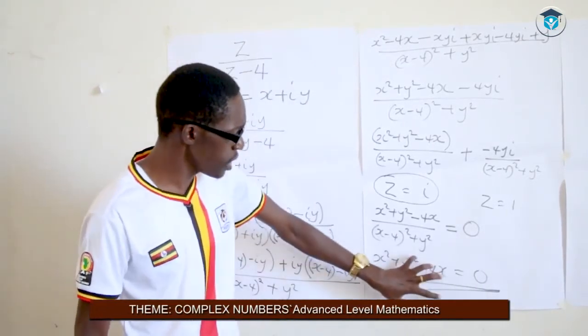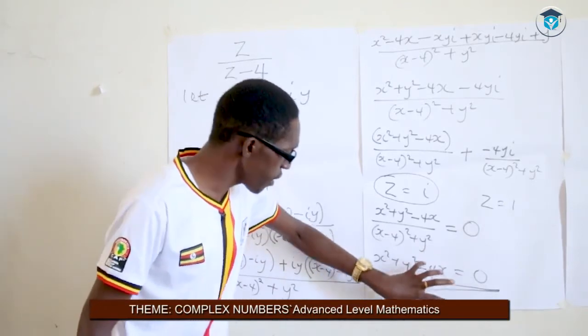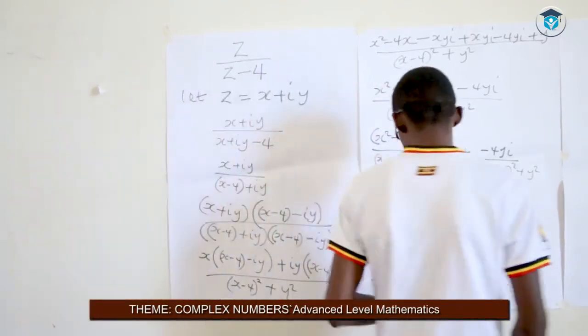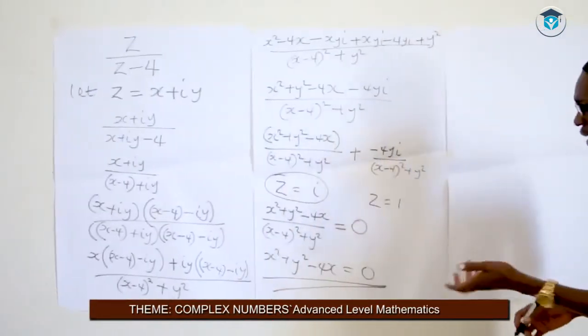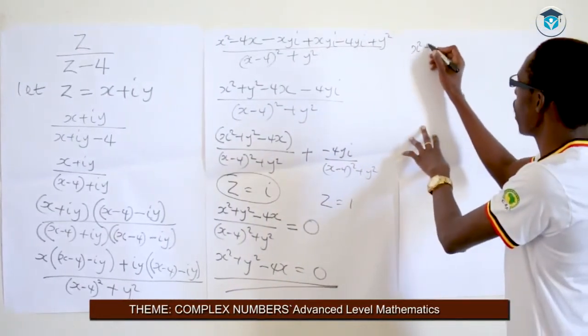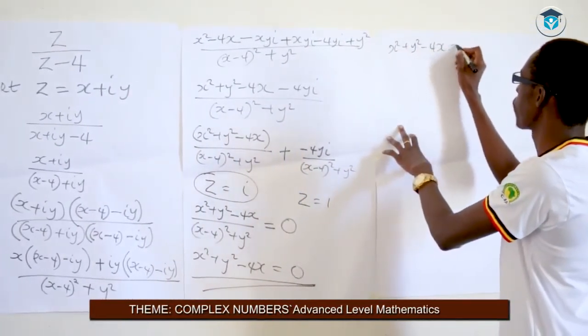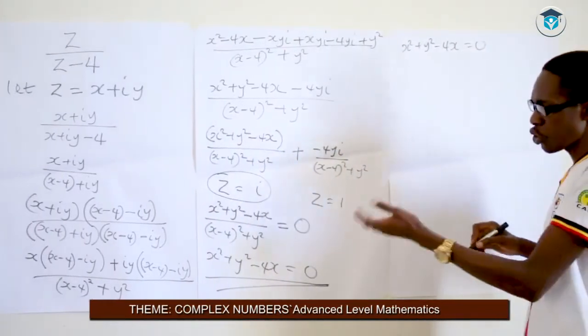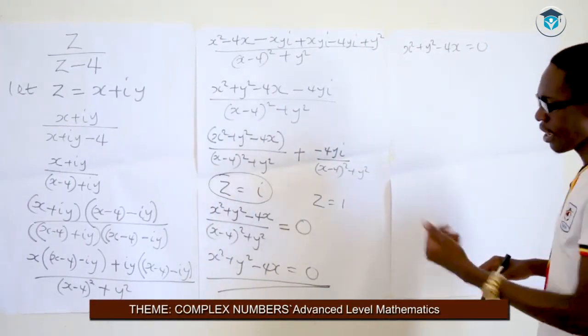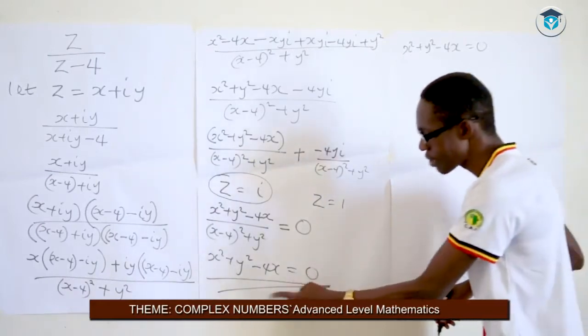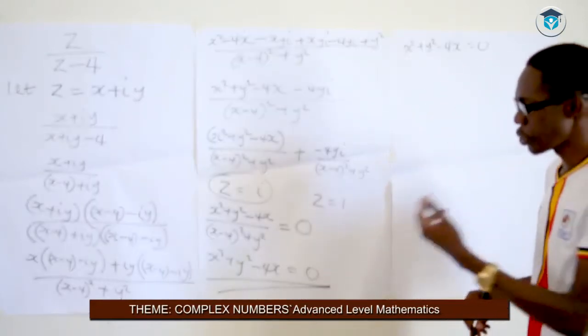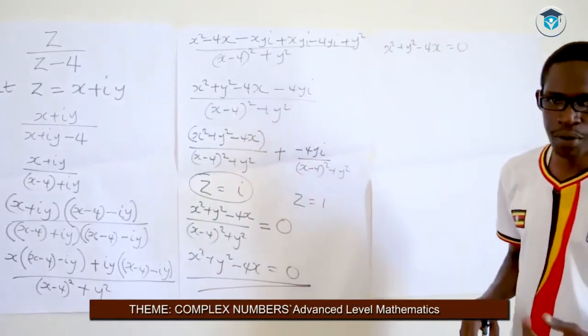So if we have reached here, to find the center and the radius of this circle, we are just going to compare it, saying this is x² + y² − 4x = 0. For me to get the center and the radius, I have two options. One, I can complete squares. Two, I can compare with the general equation.